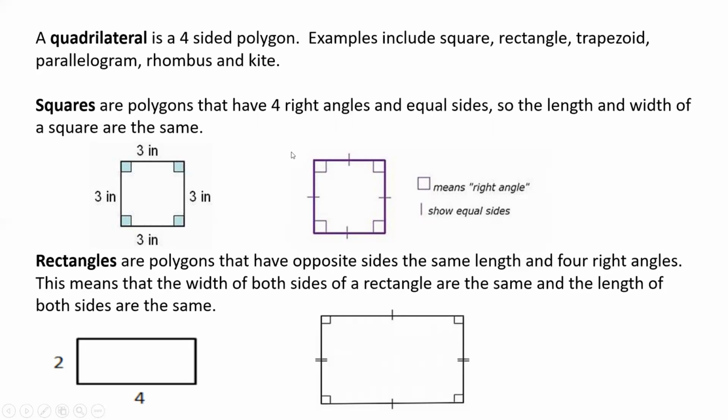Another way that you may see it on paper is where you have one line in the middle of each line segment, and that just shows that those are equal sides. And again, that little box means that it's a right angle or 90-degree angle.